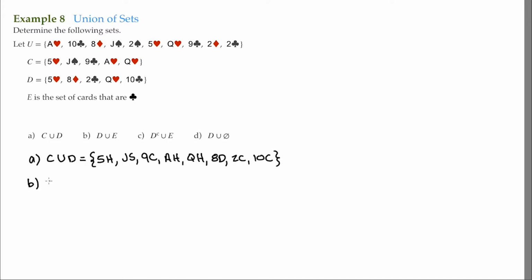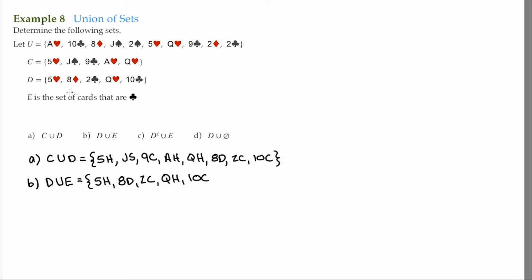For B, where does D union E? So for D, I'm going to list everything in D. It's the 5 of hearts, 8 of diamonds, 2 of clubs, Queen of hearts, 10 of clubs, and I'm just listing what's in D. Now, since we can't see, this is a word description.